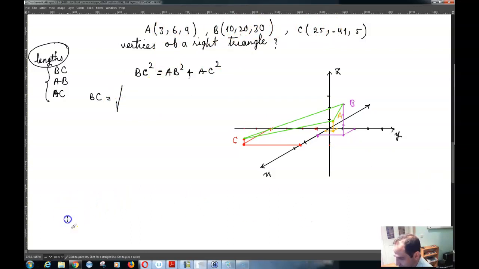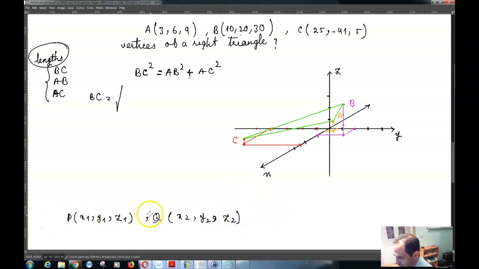Suppose that you have two points, P and Q, with P at x1, y1, z1, and Q at x2, y2, z2.